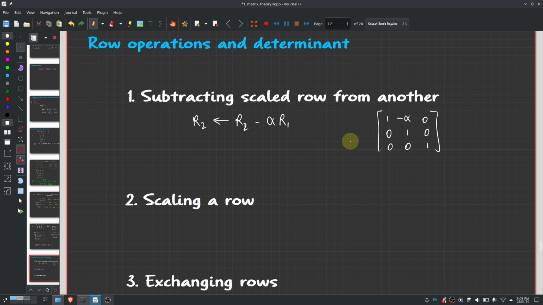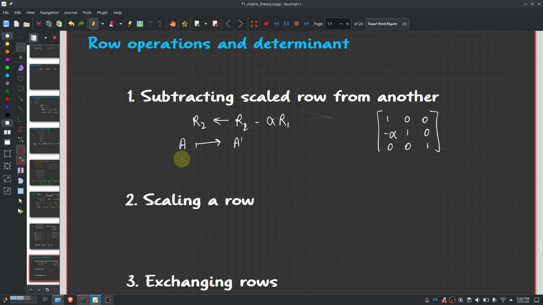So if I subtract a scaled row from another, how does the determinant of the matrix change? Suppose I have a matrix A, I perform this row operation and get some matrix A prime.